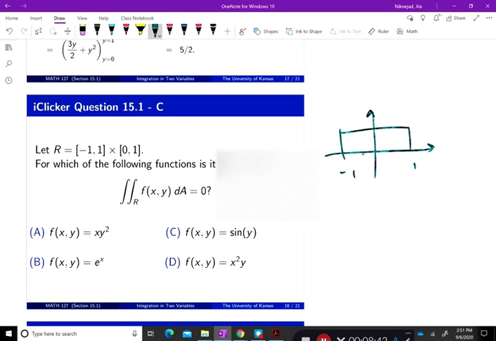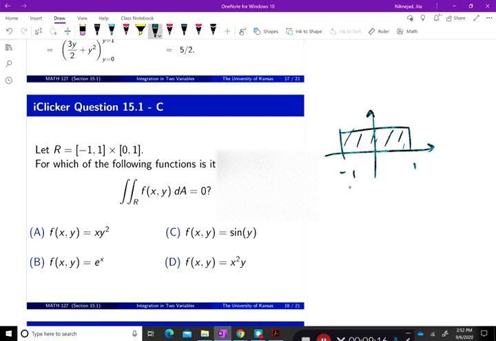We've seen that iterated integrals in Calc 3 are very similar to single variable integrals, each one of them is exactly a single variable integral. Here, I see that this rectangle is divided into two equal regions, one over negative x's and one over positive x's, completely symmetric about the y-axis.